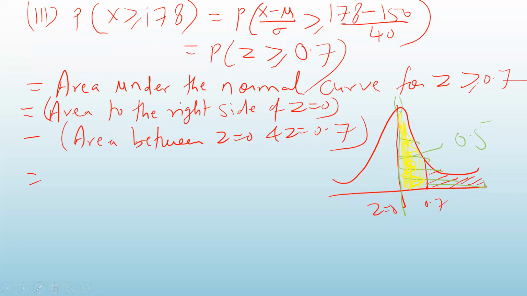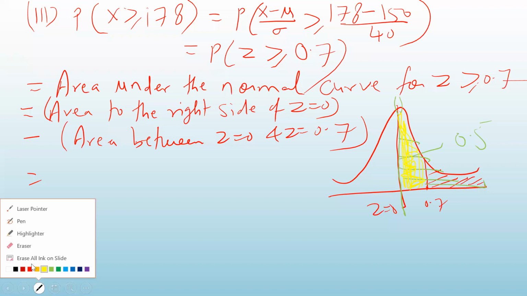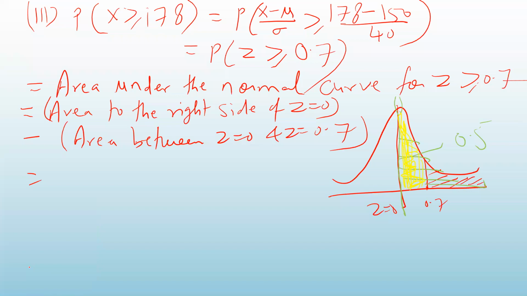So this is what I'm doing here. The area to the right side of z equal to 0 is 0.5. From this entire area, I will subtract the area between z equal to 0 and 0.7.